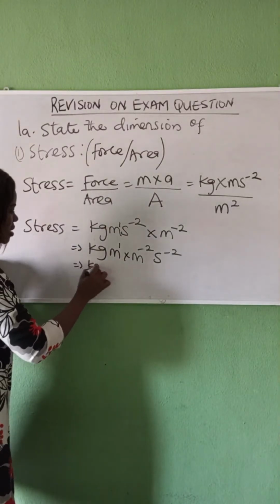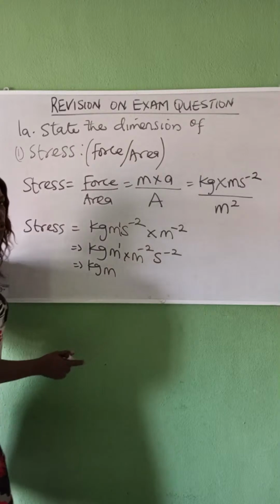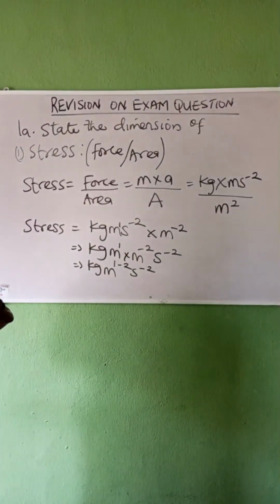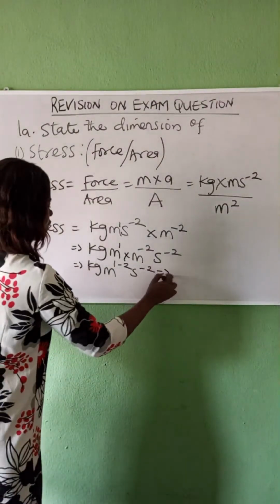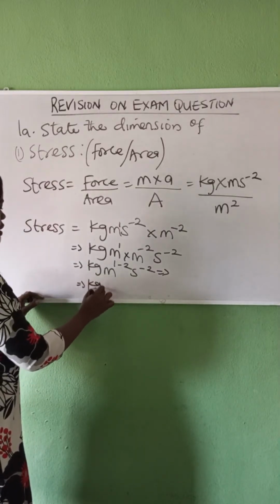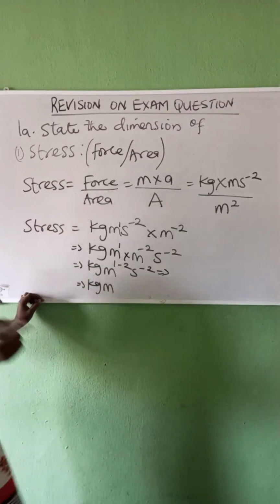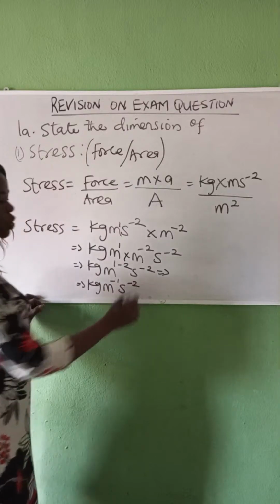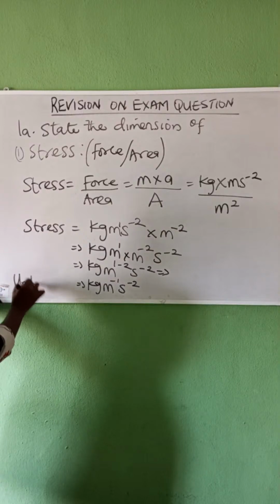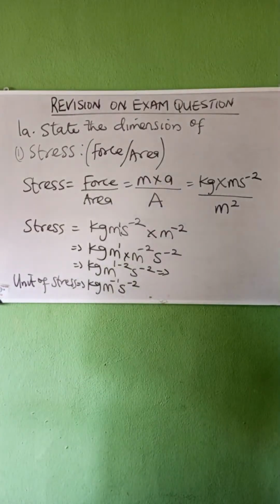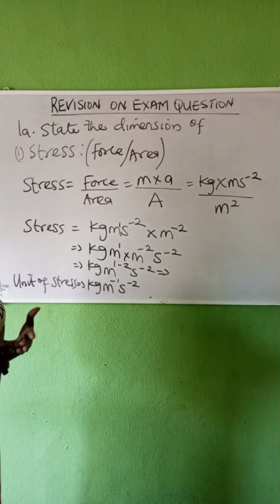Now this is kilogram meter, this is 1, this is minus 2, so I have 1 minus 2 per second square. Is that clear? Then eventually I'm going to have kilogram meter, 1 minus 2 is minus 1, then per second square. This is the unit of stress.